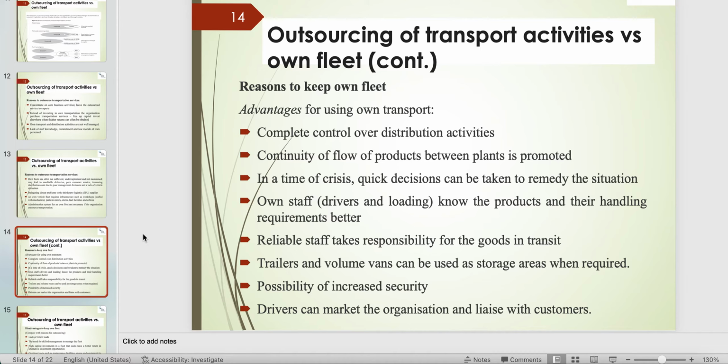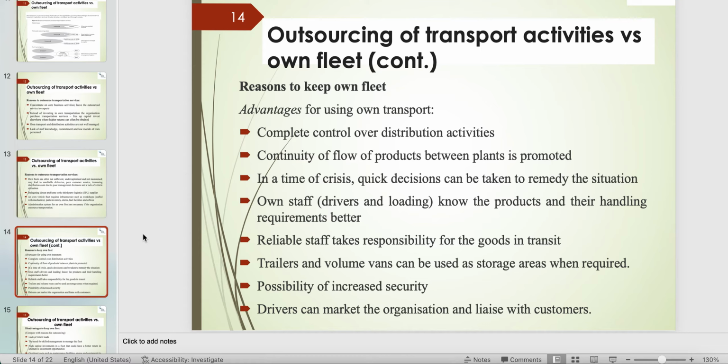So you can have them transport at any point of time, even if there are delays. Whereas if it is third party, you cannot change timings, you have to stick to the time of deliveries. You will have your own staff who are going to be responsible for driving the vehicle or loading and unloading the vehicle. So they will know to handle the materials better.